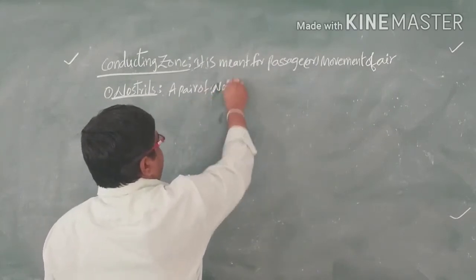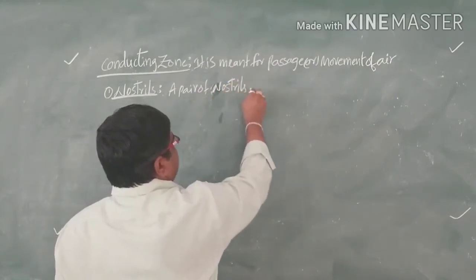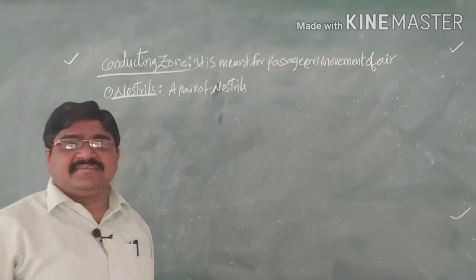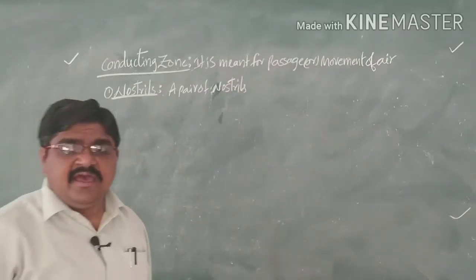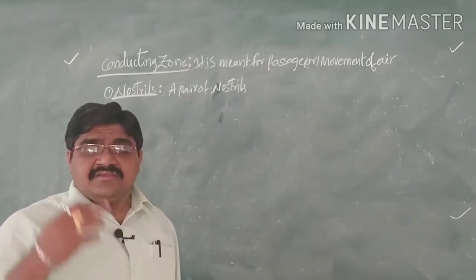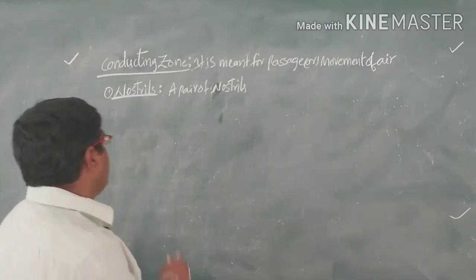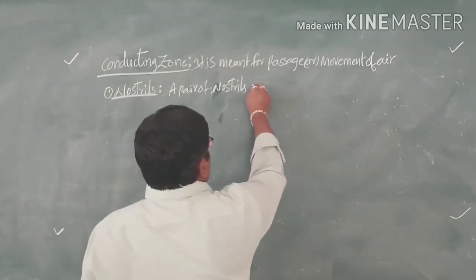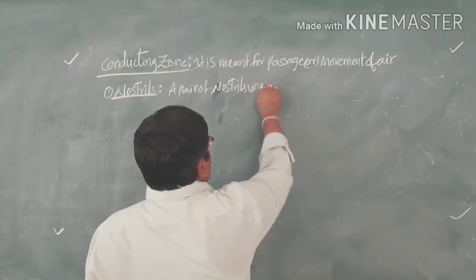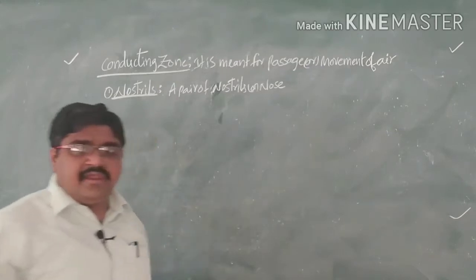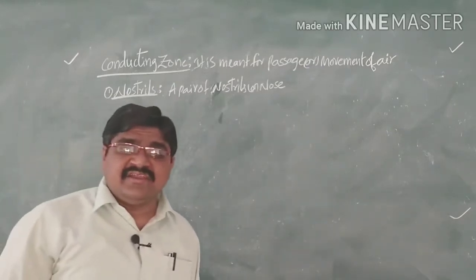A pair of nostrils are present, which we can call external nasal cavities or external nares. Otherwise you can call them the nose. So the nose has a pair of nostrils that are separated.